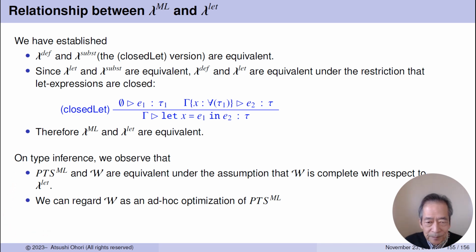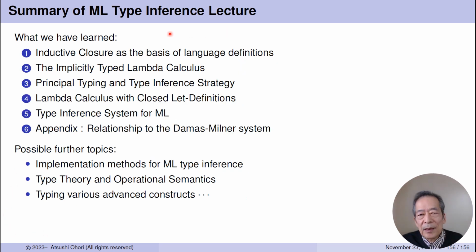appendix. Now we review the entire type inference lecture. We have learned the following. First, we started with inductive closure as the basis of language definitions, so that we can apply the notion of induction on derivation trees. We do this all the time.